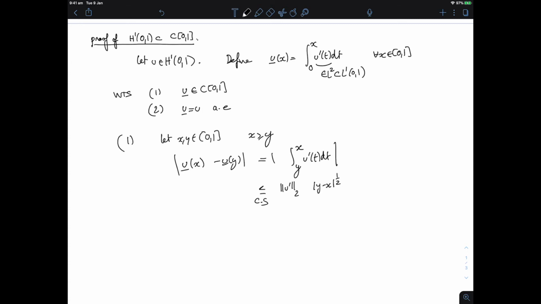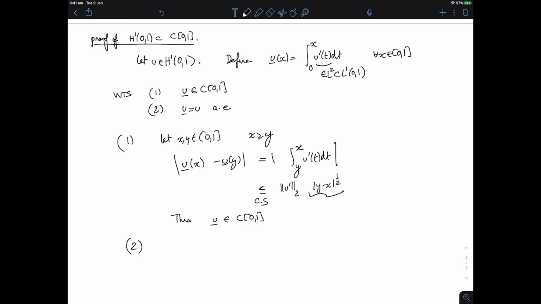So this means that u bar is indeed in the space of continuous functions. It's actually better than that, right? Because u bar x minus u bar y is controlled by a constant times (x minus y) to the 1/2. That's what we call being Hölder continuous of order 1/2. So it's uniformly continuous in a very nice quantified way.